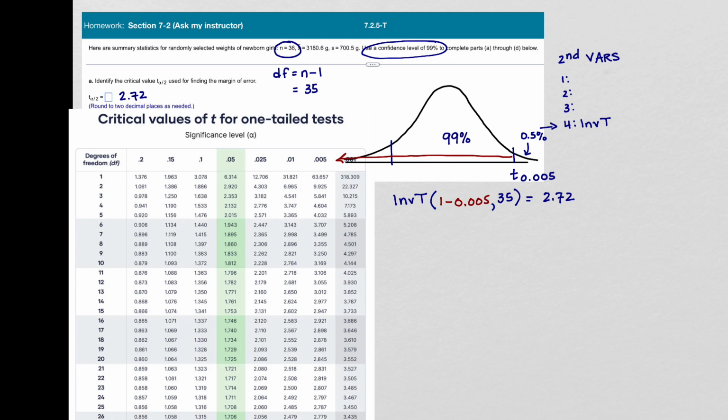I know that I have 0.5% in one tail. If I had a two-tail table, then I would use 1%, and it would give me the same result. So I look at 0.005. So I'm looking at this column, and you can see on the left-hand side, there are the degrees of freedom. So I'm going to have to scoot down to get as close as I can to 35, which is my degrees of freedom.